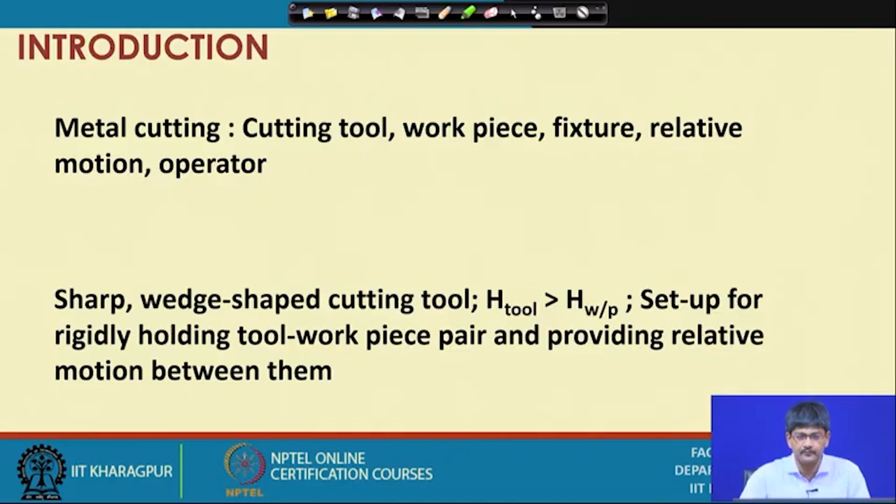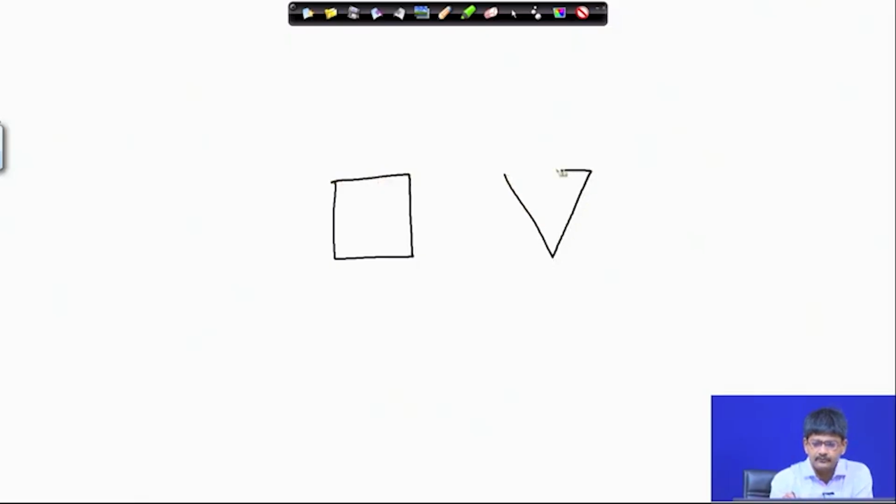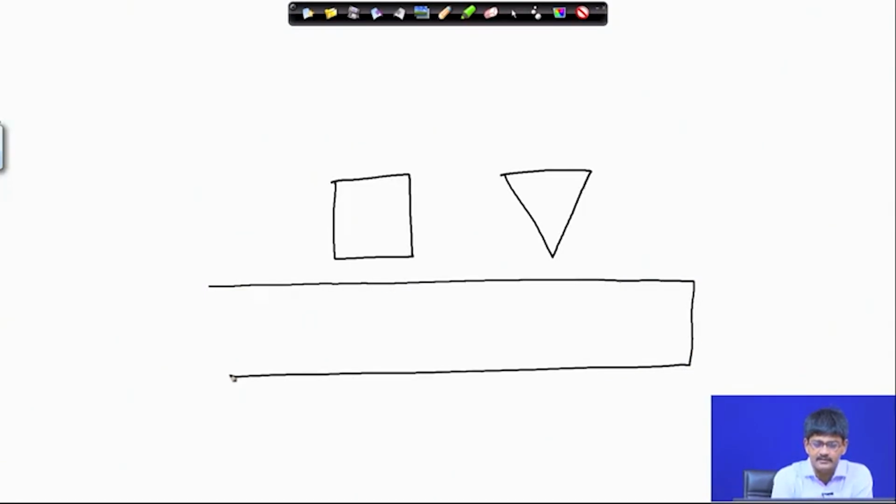Let us have a quick look. See, if we have a body of this type, these are two bodies, say they are extremely hard and totally rigid, there is no question of deformation, and just beneath them I have a blank piece of material.